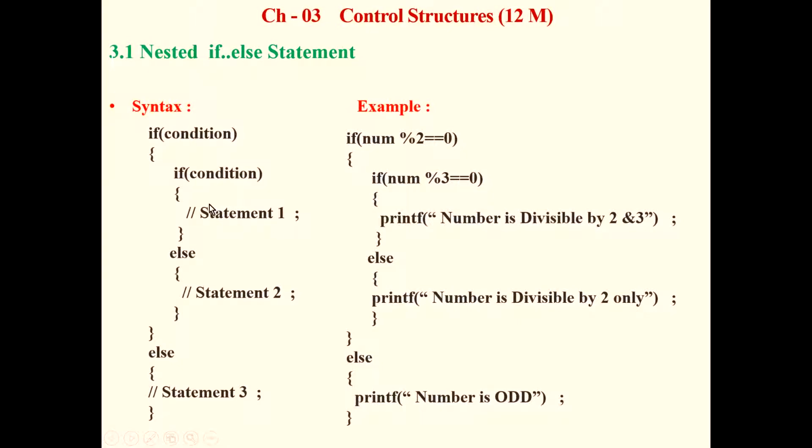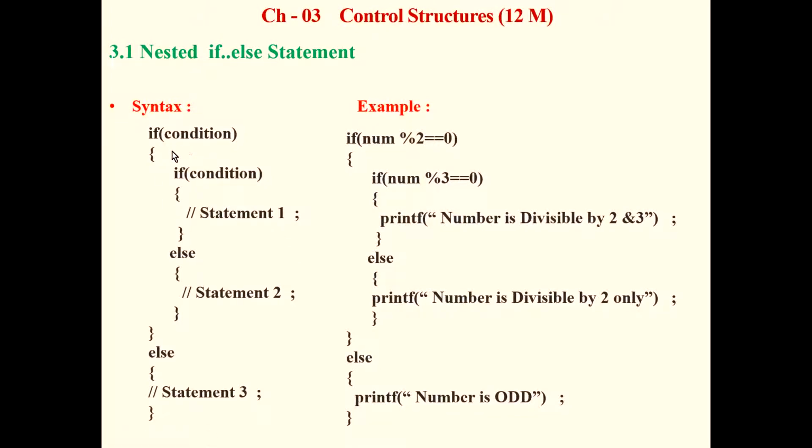Second possibility: if the first condition is true and the second condition is false, then statement 2 is executed. And if the first condition is false, then it does not check the second condition, it directly executes the else part. That means statement 3 is executed.